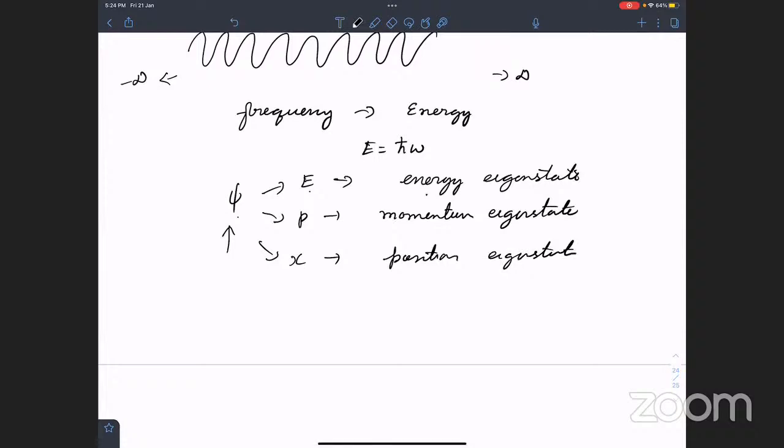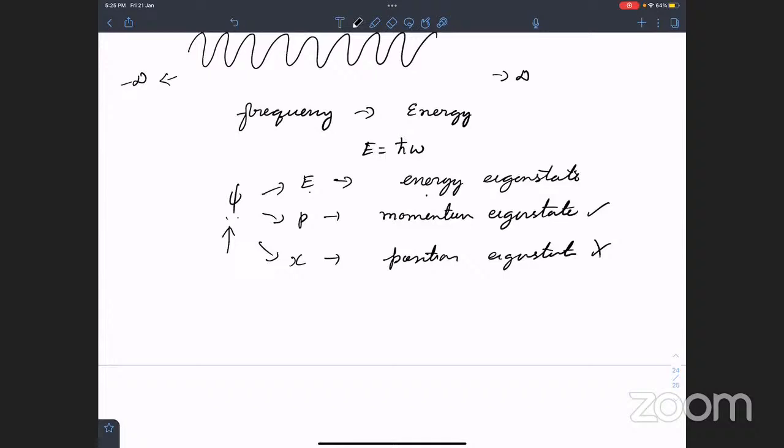Now we know very clearly that any wave function cannot simultaneously be a position eigenstate and a momentum eigenstate. Why? Because if it has a definite momentum, it cannot have a definite position, right? Because of quantum uncertainty. So either my wave function is a position eigenstate or it's a momentum eigenstate. Cannot be both.